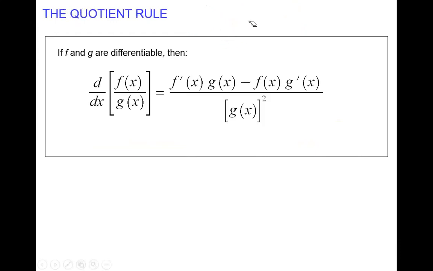Let's look at this one. The derivative of f over g equals a quotient, and on the top I have f prime g minus f g prime. In the denominator, I have just the original function g, the original function from the denominator, but squared. Okay, f prime g, f g prime.